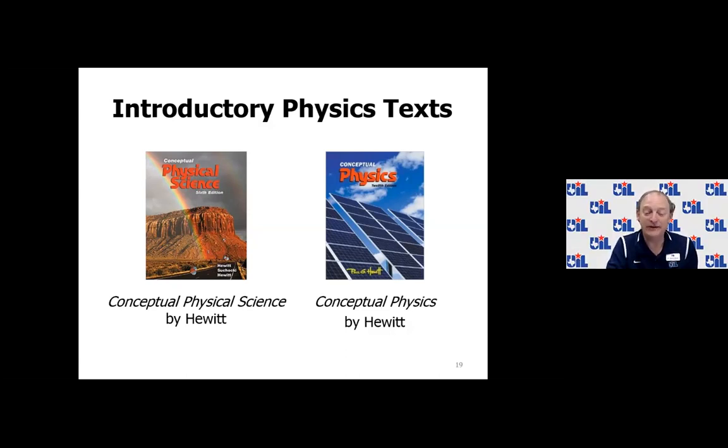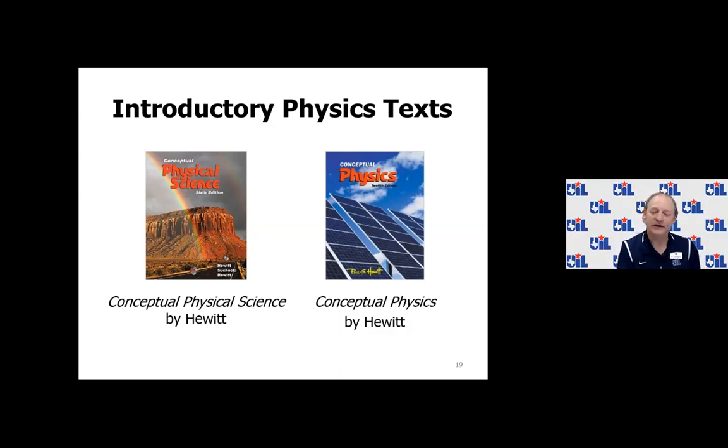The books by Hewitt. Conceptual Physical Science is kind of a lower level one that a middle school student could handle. An advanced 8th grader could handle what's in Conceptual Physics, as well as 9th graders. The reason I like these books is it stays away from the really hard math. It keeps the math at a very simple algebraic level.